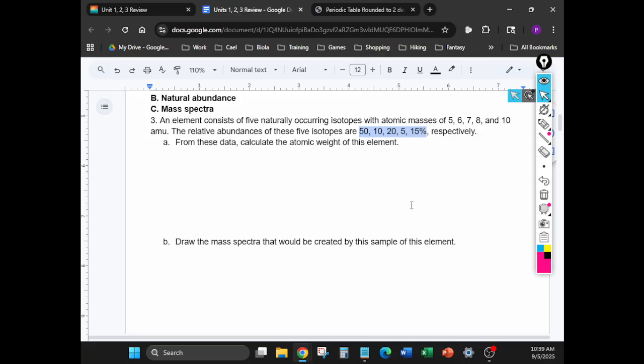Take a look back at your notes. We went over problems exactly like this. See if you can calculate the atomic weight of the element using the percentages and the mass numbers. Then, if you feel comfortable, try drawing the mass spectra. This should be a review, so take a look back at your notes, and we'll go over it in about 3-4 minutes.